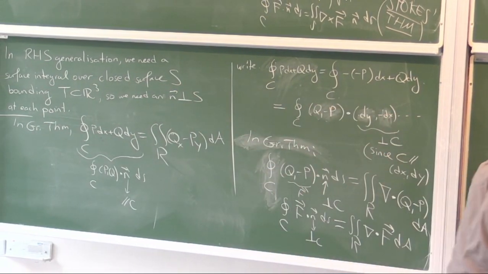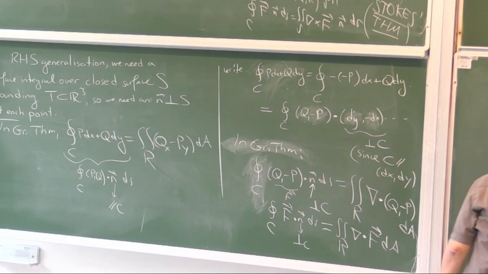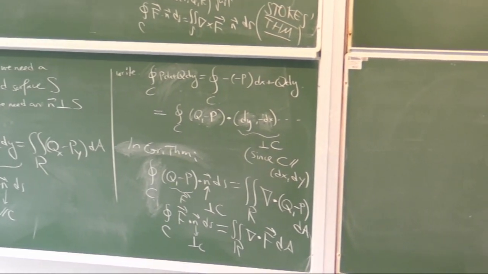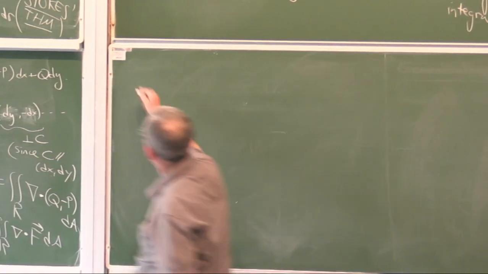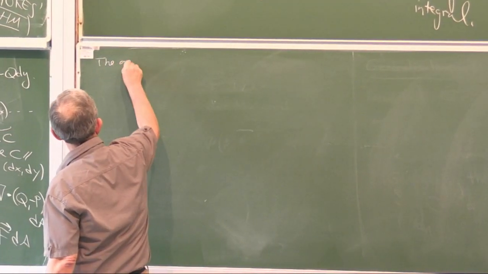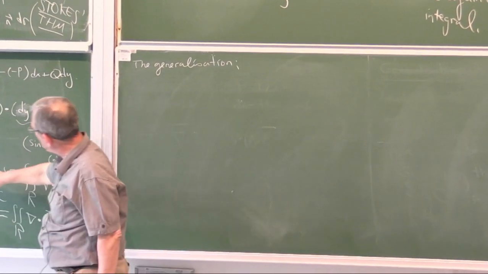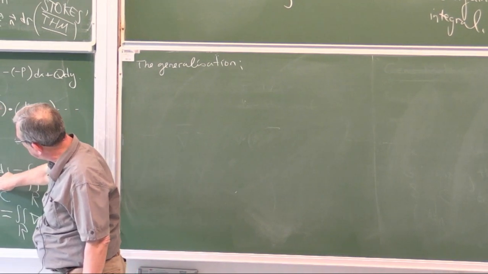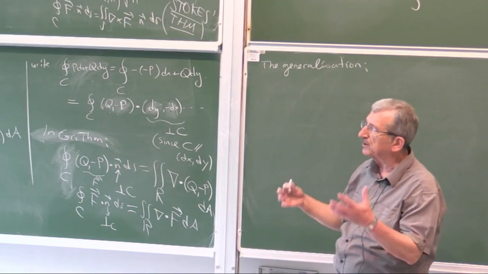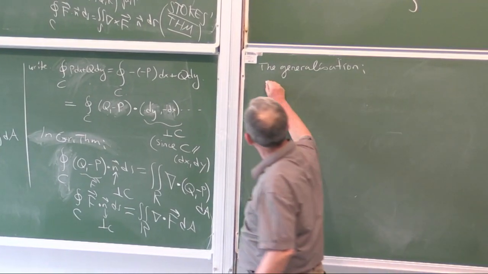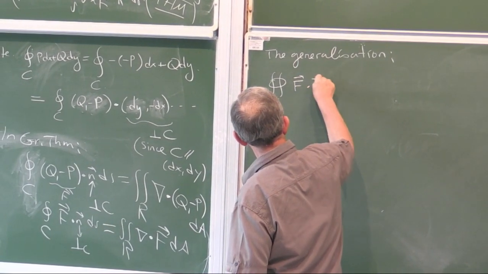Now the generalization is obvious. We have a perpendicular unit normal. We have f dot n. We have a line integral over C, but it will become a surface. So we have a closed surface. We have f dot n.